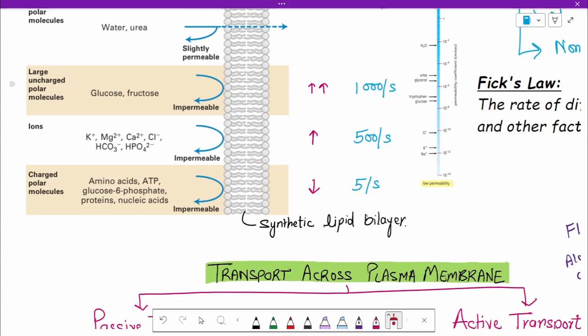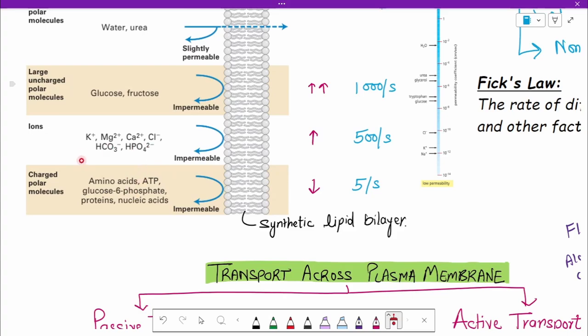But does this mean that these molecules can never enter our cells? No, that would be wrong. Glucose can enter our cells. That's how we get nutrition. These ions enter and leave our cells. We study in physiology how nerve conduction takes place.